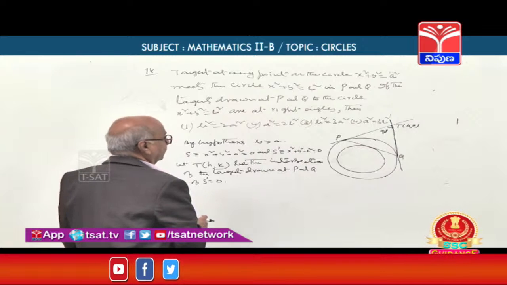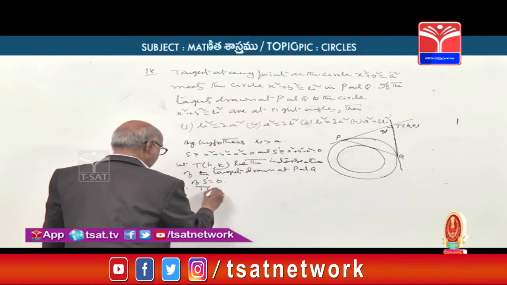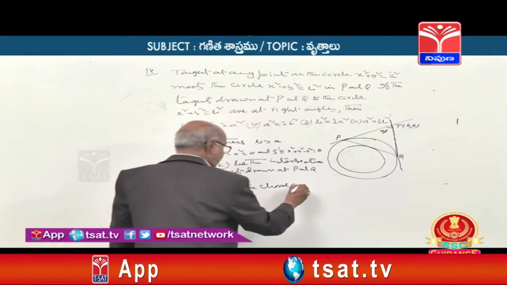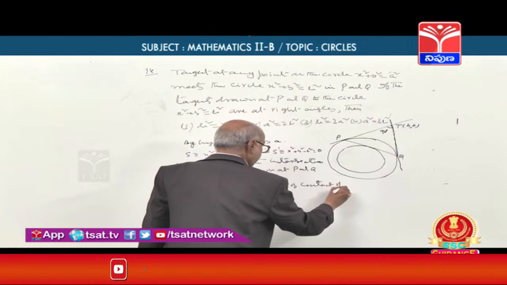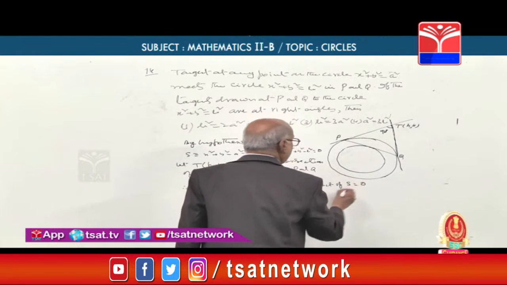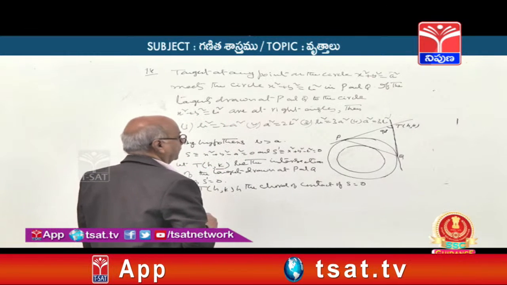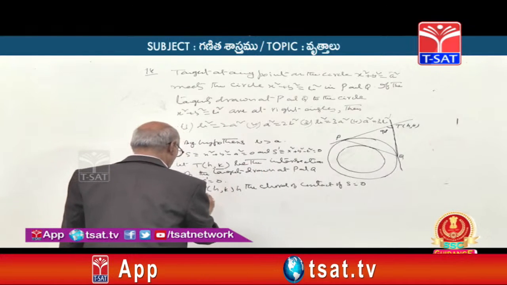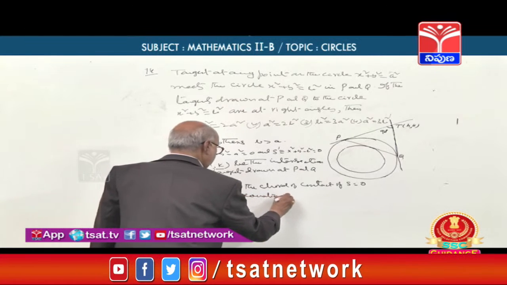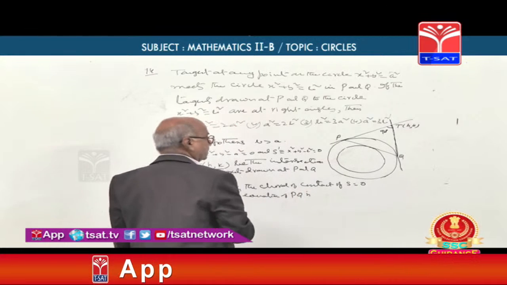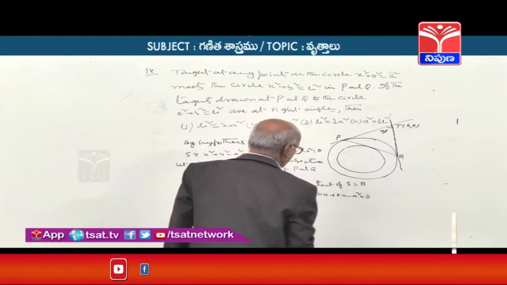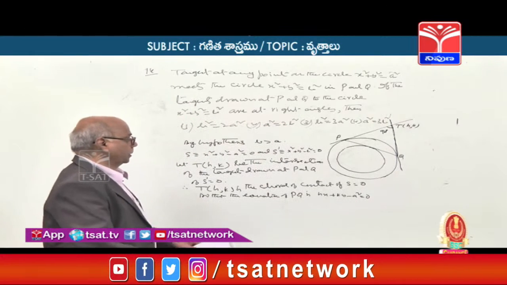Okay, right. So, therefore, PQ is the chord of contact of S equal to 0, so that the equation of PQ is hx plus ky minus a square equal to 0.